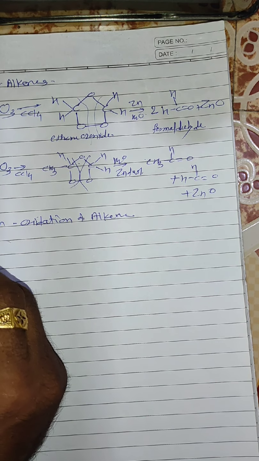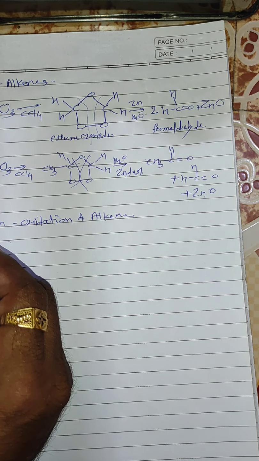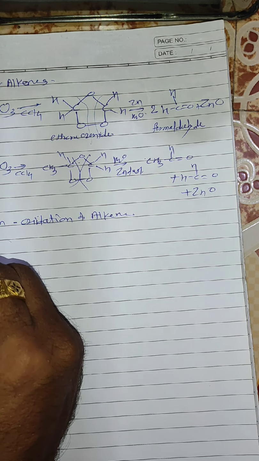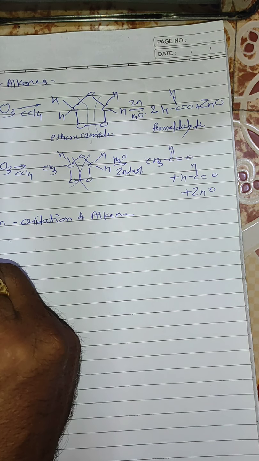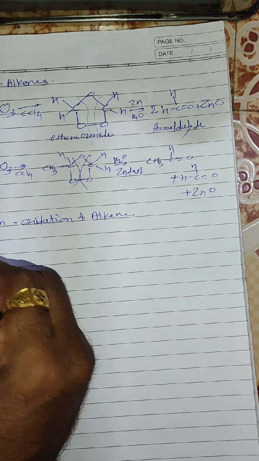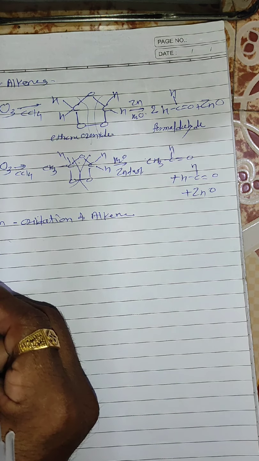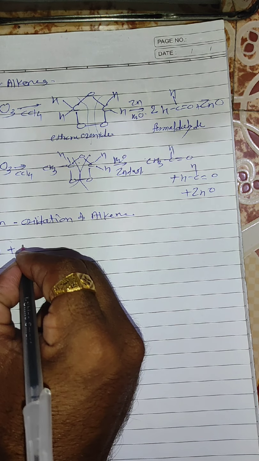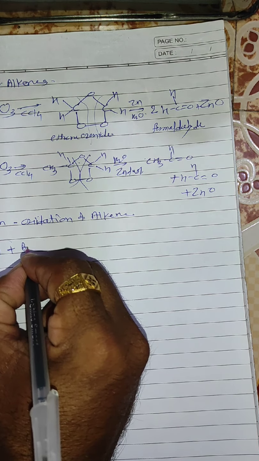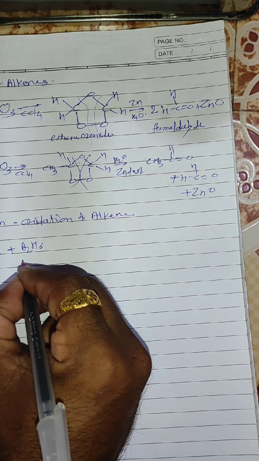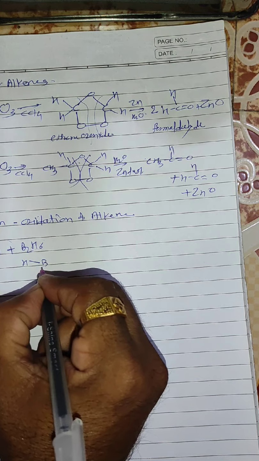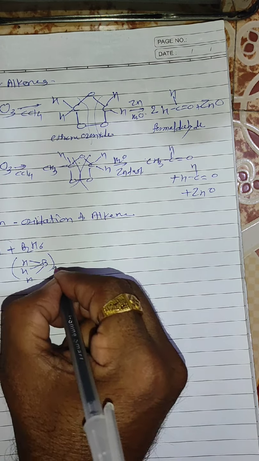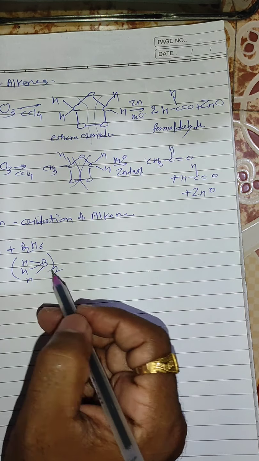Now, the reaction for hydroboration, reaction of diborane with alkene. Now 6 molecules of CH2 double bond CH2, 6 molecules of ethene, are treated with B2H6, or it can be written as H B H H, here twice, B2H6.